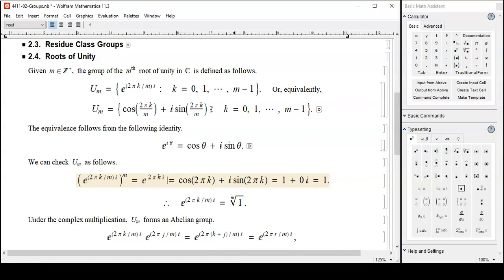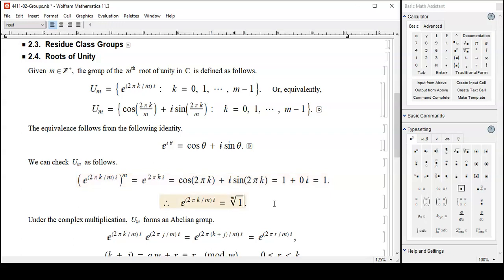So if you use the second expression here, cosine of theta plus i sine of theta, angle theta is an integer multiple of 2 pi. So cosine is 1 and sine is 0, so in the end we get 1. So this thing to the m power is 1. In other words, this thing here is the mth root of 1, the mth root of unity.